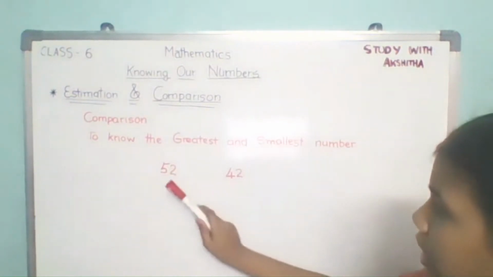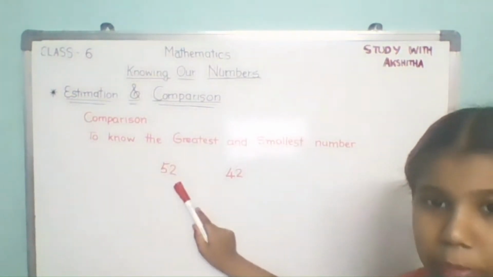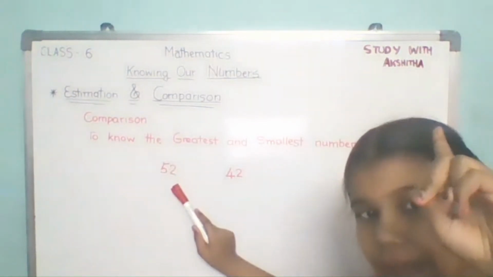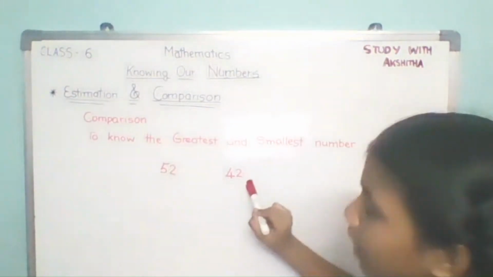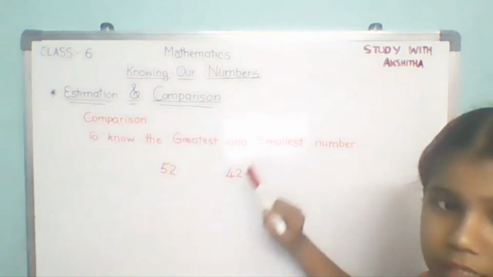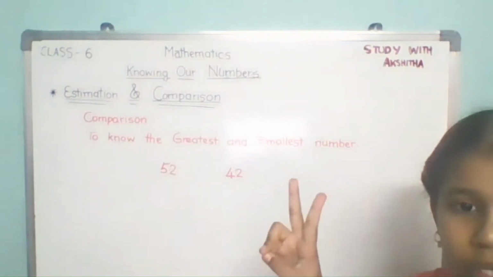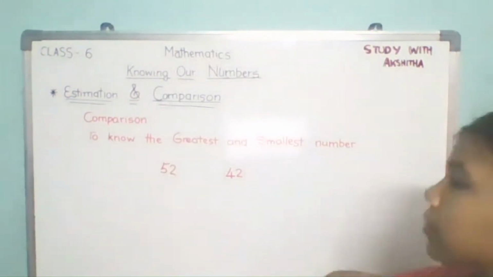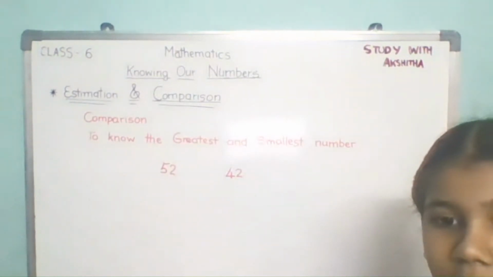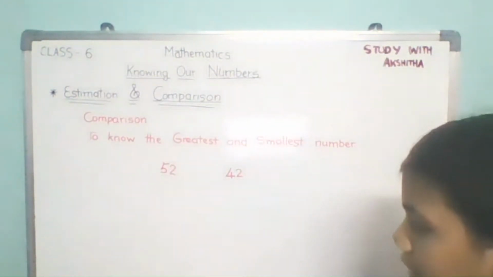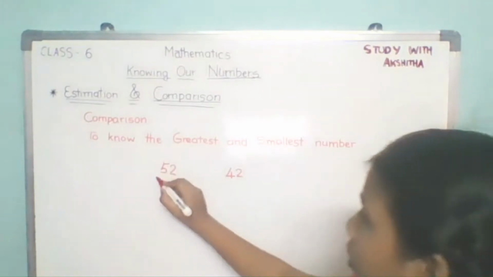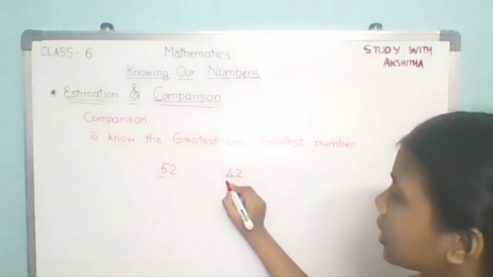Now, this number 52 is made up of two digits, 5 and 2. Next, 42. Even this number is made up of two digits, 4 and 2. So now we need to check the first digit in both these numbers.